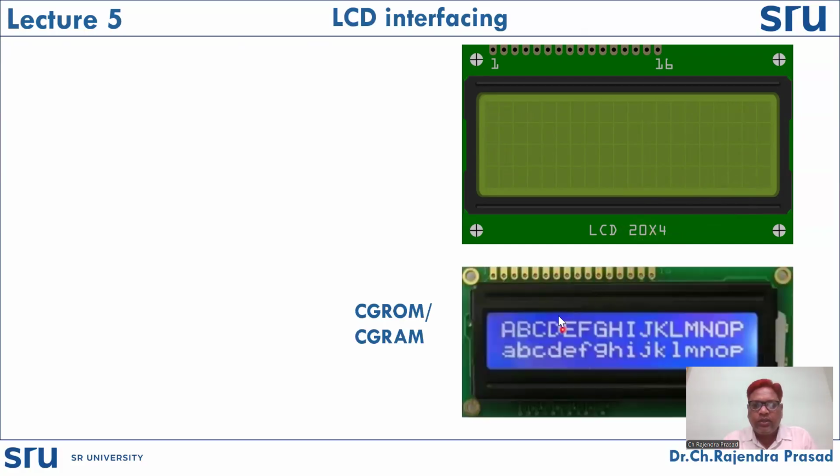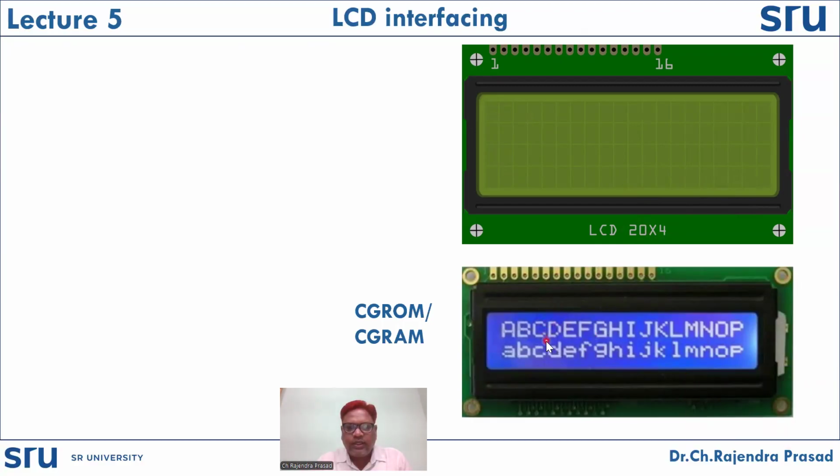In the second LCD, 16 characters are available in the first row and 16 characters in the second row, so this is a 16 cross 2 LCD.